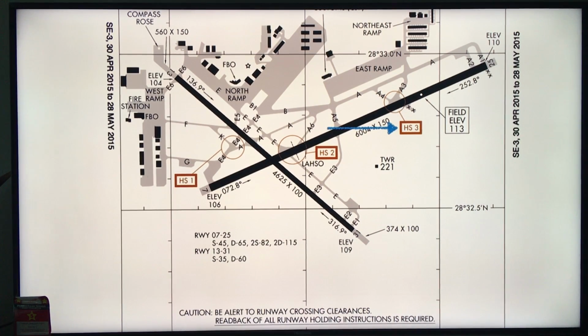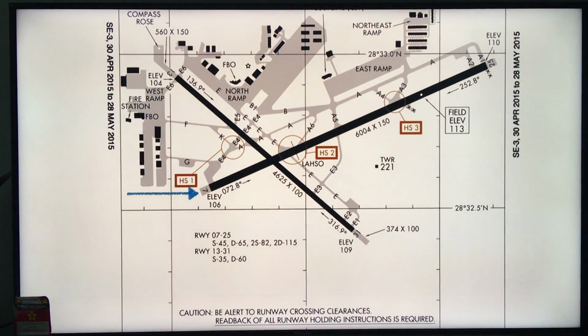But a lot of people violate that LASSO on top of having taxiway Echo and Alpha 6 join right there as well. Look at hotspot number 1. Echo 4 meets Alpha, which meets runway 13/31, which meets taxiway Kilo. A lot's happening right there, and a lot of runway incursions. They're just alerting you: slow down, write down, read back, and make sure you're following all instructions through those busy and confusing areas.